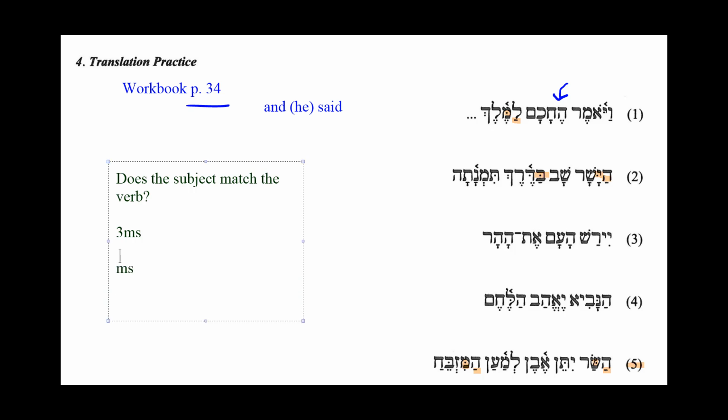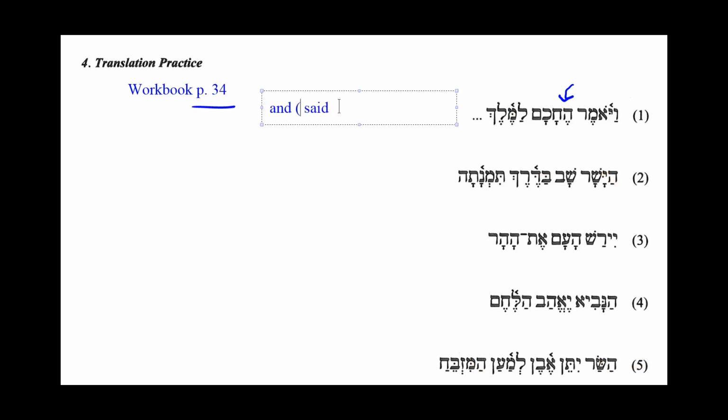And we are looking at it from the outside, and so it would be third person. So this all matches. We have a third masculine singular verb and a masculine singular noun that we're looking at as third person. So I'll replace the pronoun with the explicit subject, and the wise man, or the wise one, said. And we have finally here lamelech.